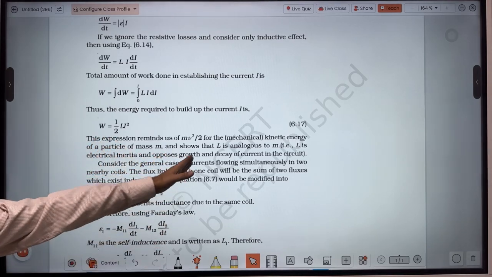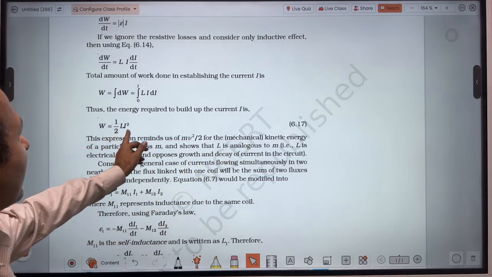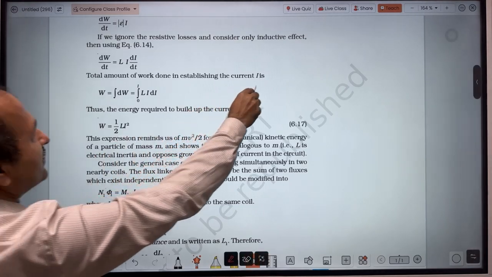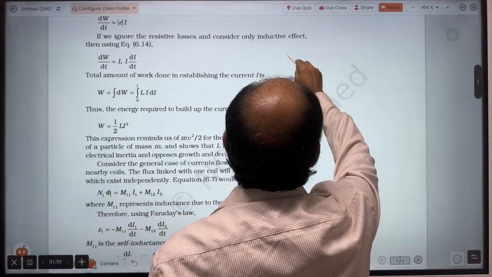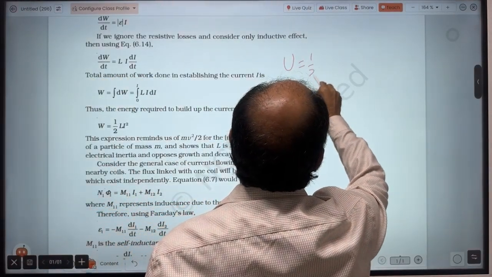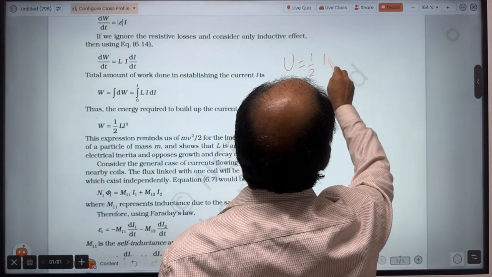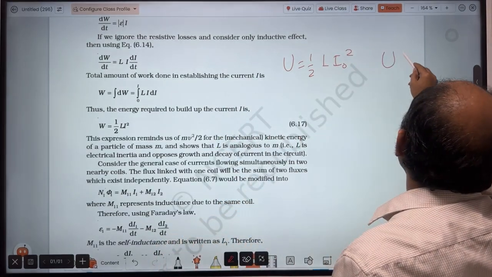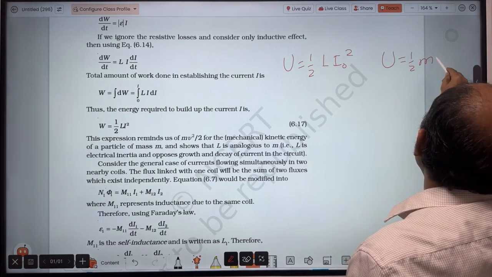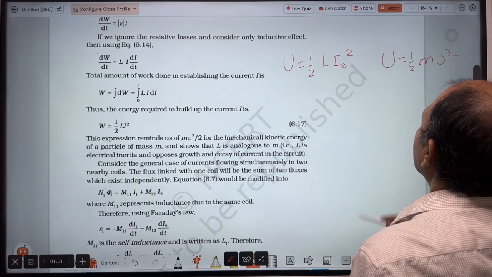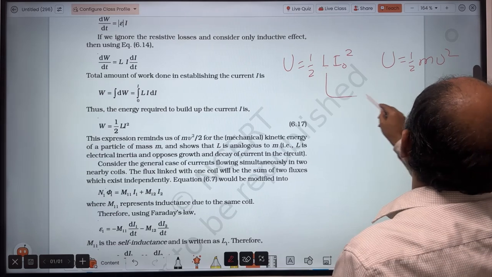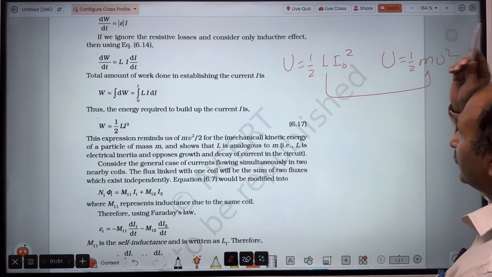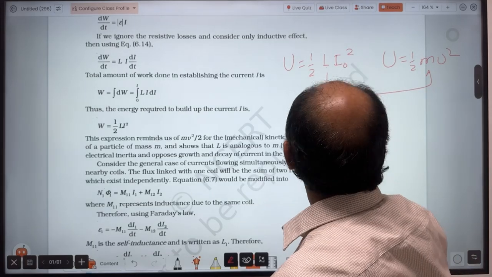This is equivalent to kinetic energy, like half m v squared. If we write that the energy stored in the inductor is U equal to half L I0 squared, this is similar to the energy, if you remember, half m v squared. So here L plays the same role as that of mass, right? So this is the electrical analog.